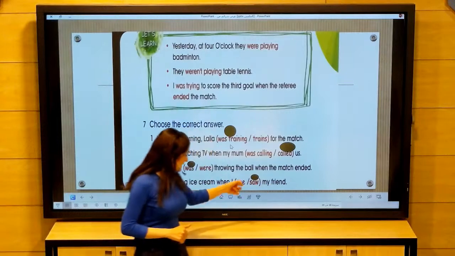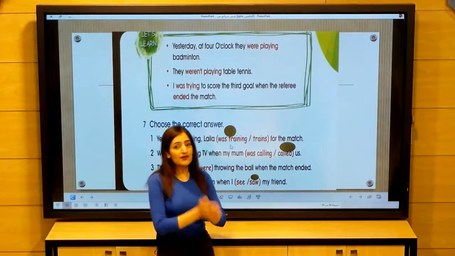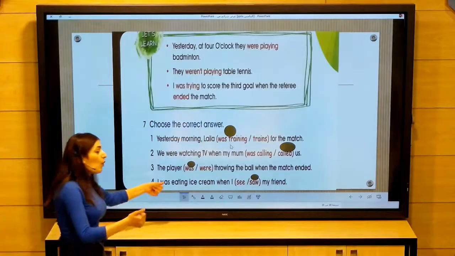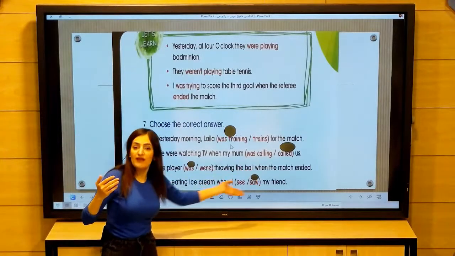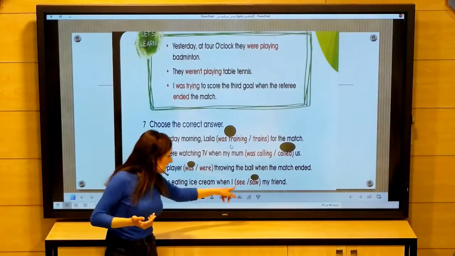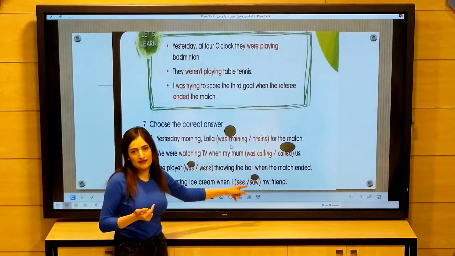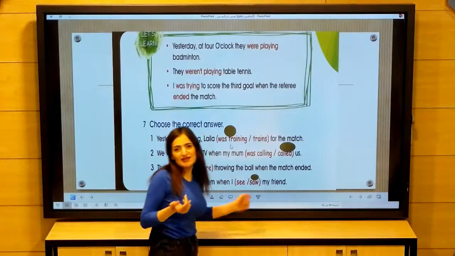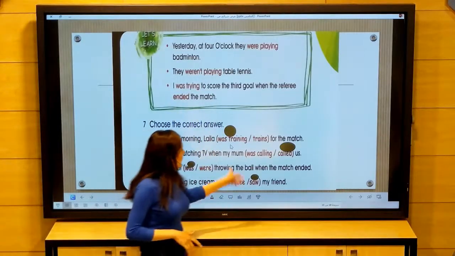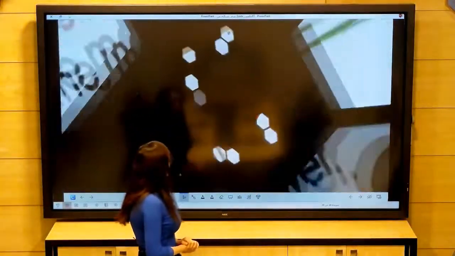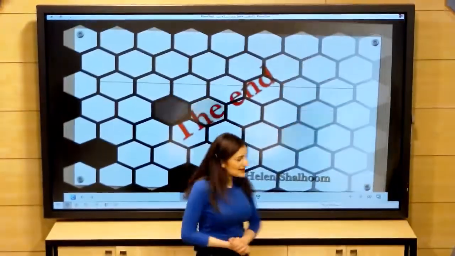Because see is verb 1. Verb 1 means present. We have here was eating, past continuous, and events in the past. So I cannot say see, okay? I cannot say see because see is a verb in the present simple. Now, that's our lesson today.